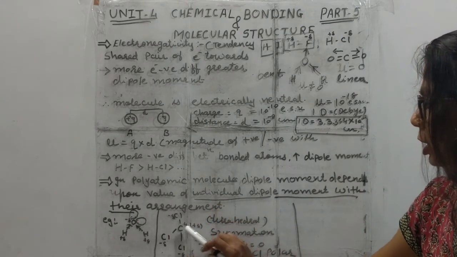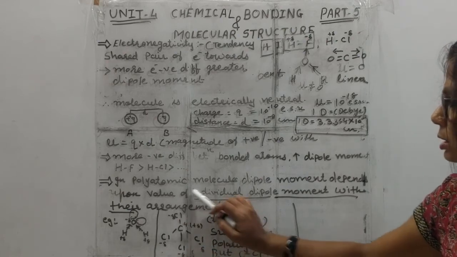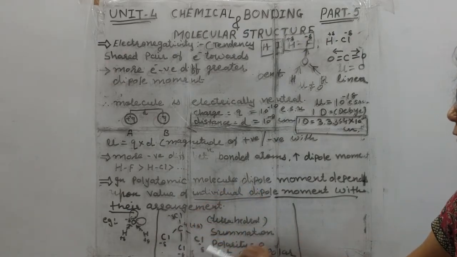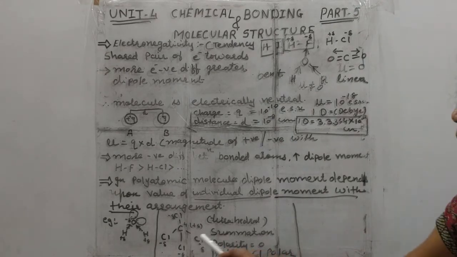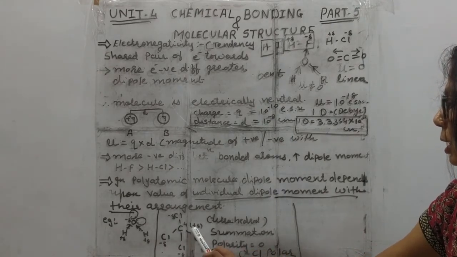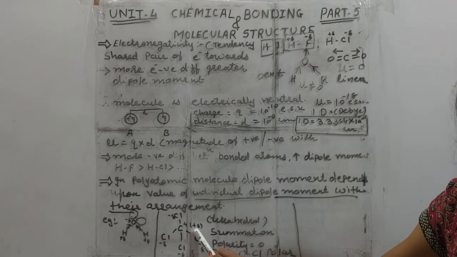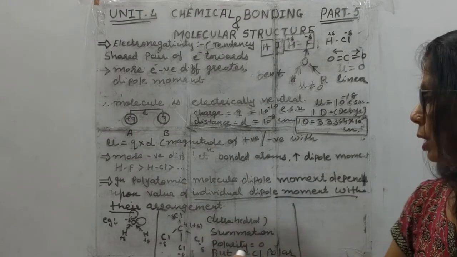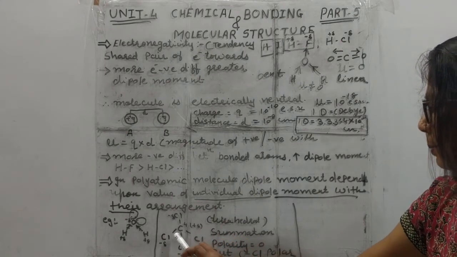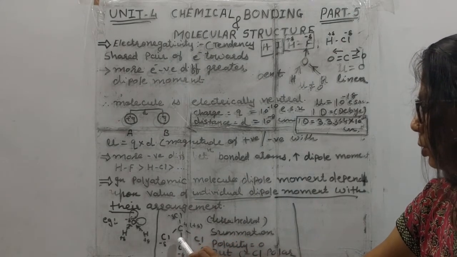So the C-Cl bond is polar, but this whole CCl4 molecule is non-polar because carbon is bonded with the 4 chlorines. So the summation of the polarity is equal to 0.